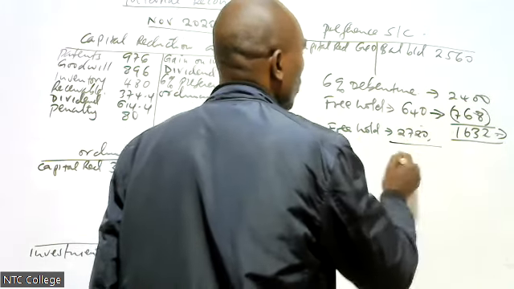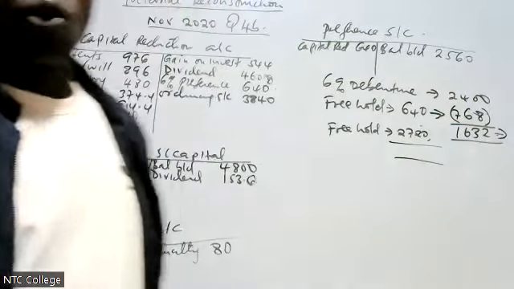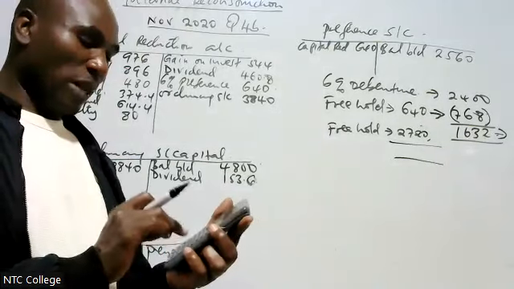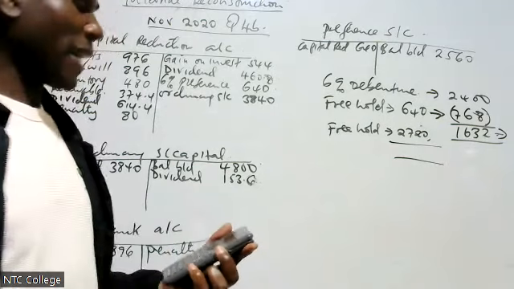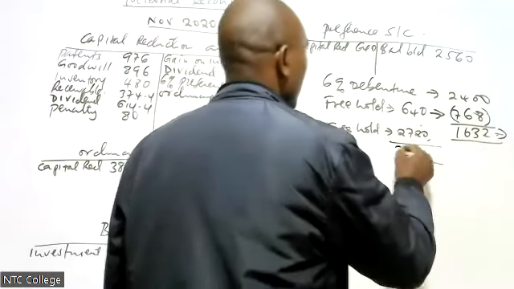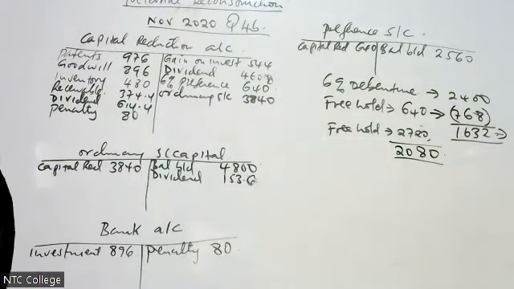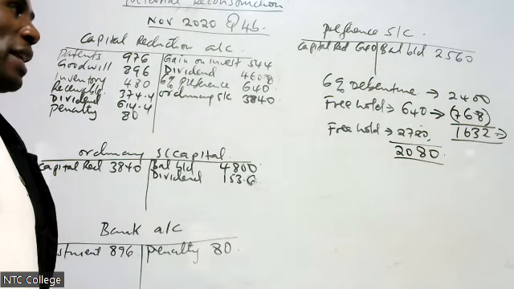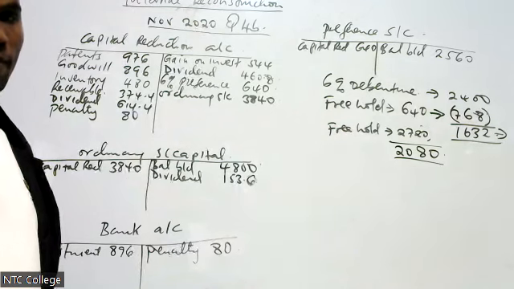Out of 2720, I'm going to remove 640. 2720 minus 640, I'm getting 2080. That is the freehold that is remaining.